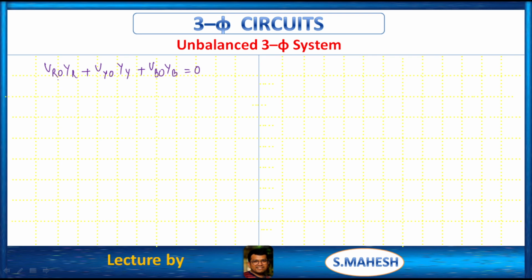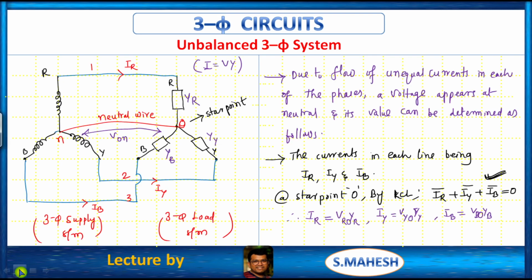From this VRO, VYO, VBO, we have to get. To get VRO, from here to here is VRO, and from here to here is VRN. So apply KVL: from here to here VON, here to here VRN, right? So to get VRO, we have VRN minus VON.